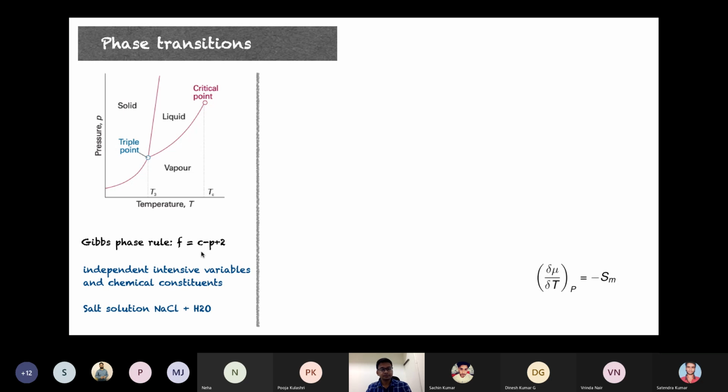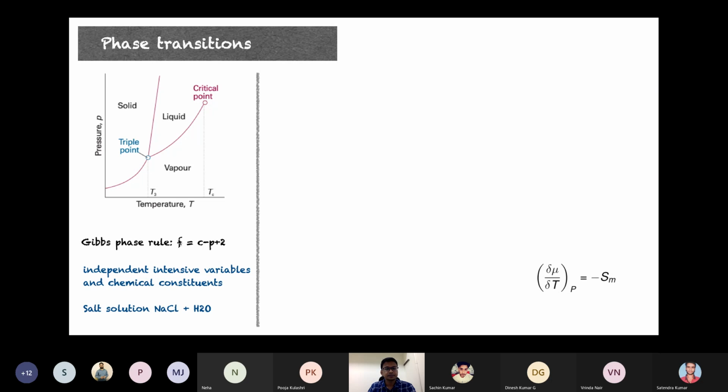And the components C, this is also something that you should really understand properly. Otherwise, you'll be misguided. Let's say we take a salt solution, sodium chloride in water. If we take this example, can you tell me how many components the salt water will have?